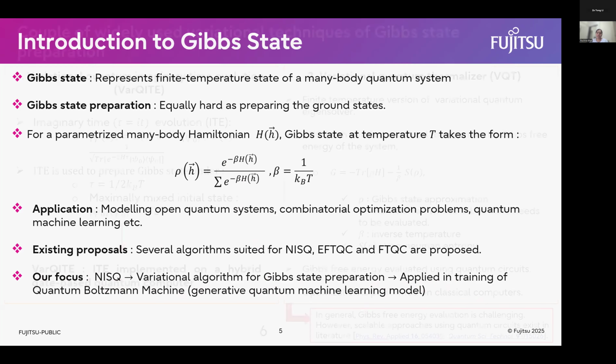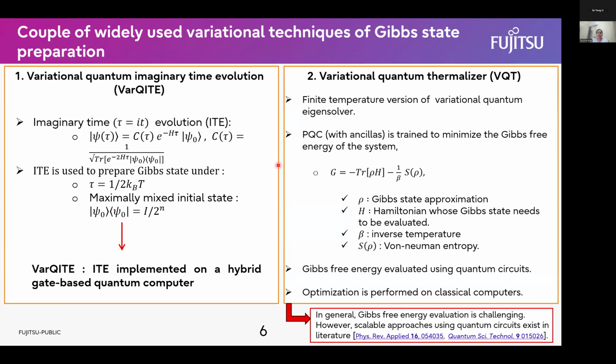Before going into the details of our algorithm, I would just like to spend a few slides on a few of the existing well-known variational techniques for Gibbs state preparation. Two of the notable ones are, one, Warkite, of which Christa has already given a nice introduction, and the second one is the variational quantum thermalizer.